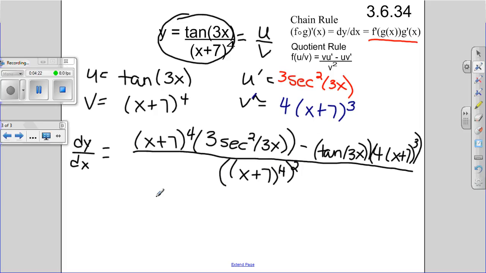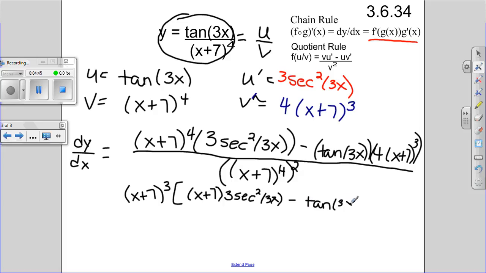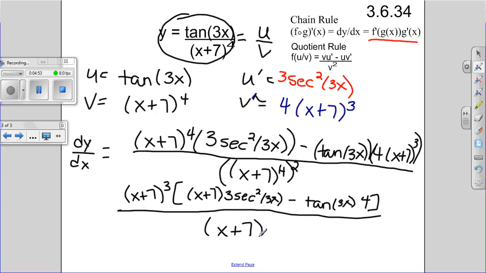So now technically we could stop here, but we're going to try and make this look a little nicer. We can pull out (x plus 7) to the third, times (x plus 7) times 3 secant squared 3x, minus tangent 3x times 4, over (x plus 7) to the fourth, but this whole thing is squared, so with 4 times 2 we have to the 8th.